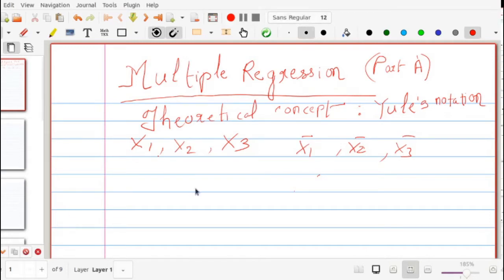Now, to understand multiple regression, if you remember the examples that I took last time, it was a simple linear regression example, and we subsequently showed the plotting in R. In simple linear regression, there is just one dependent variable and one independent variable.